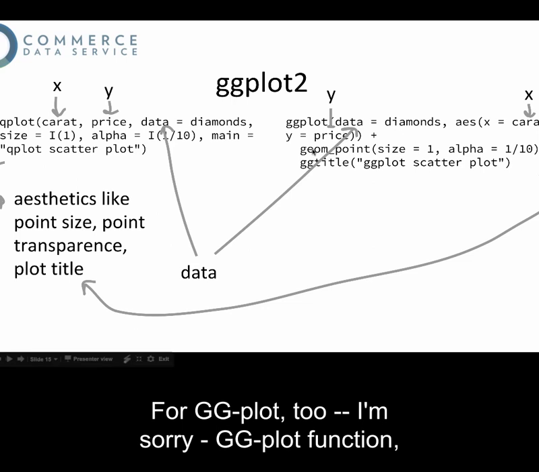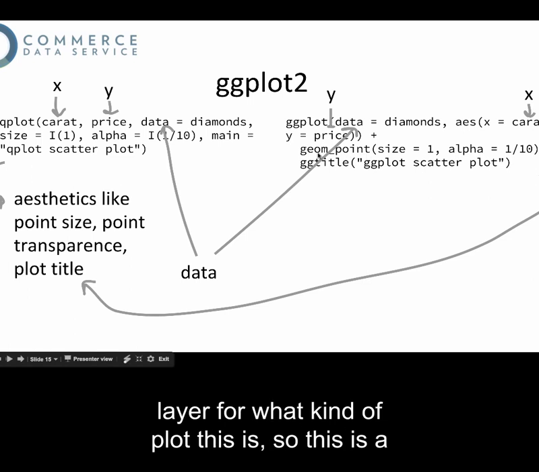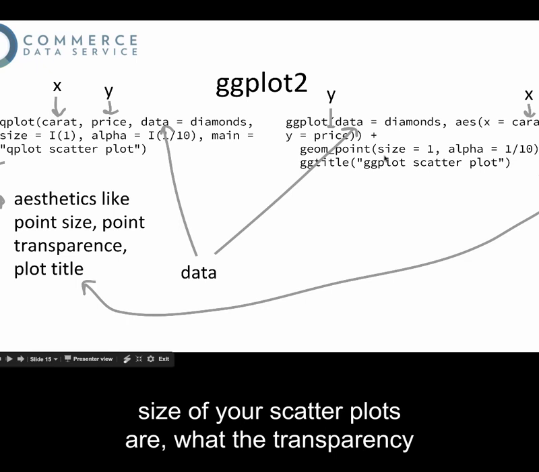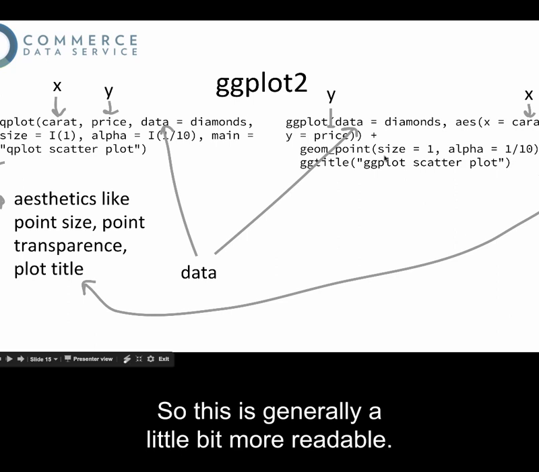For the ggplot function, you define your data and x and y axis, and then you add a layer for what kind of plot this is. So this is a scatter plot using geom_point. What the size of your scatter plots are, what the transparency is again, and then another layer for defining what your title looks like. So this is generally a little bit more readable.